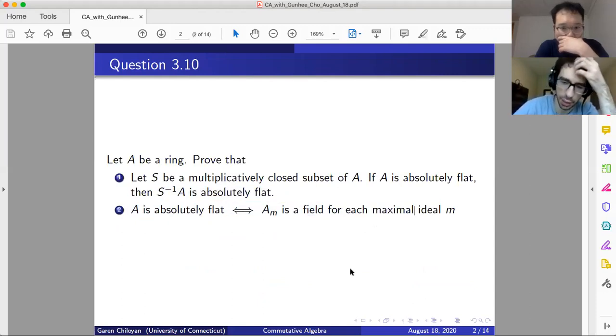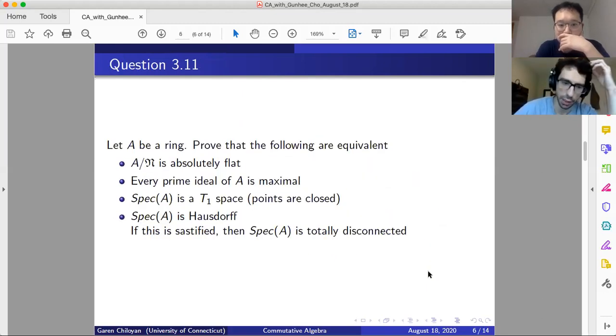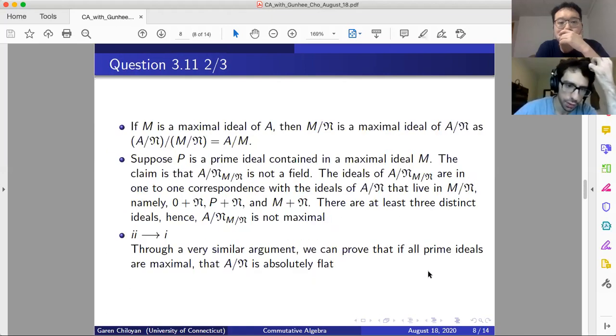It's the same exact proof by counting the number of ideals I have in my ring, and it'll be either 2, 3, or more. It's a very similar argument. I can prove these ideals are distinct, and therefore I'll be able to prove whether A mod n is absolutely flat or not.